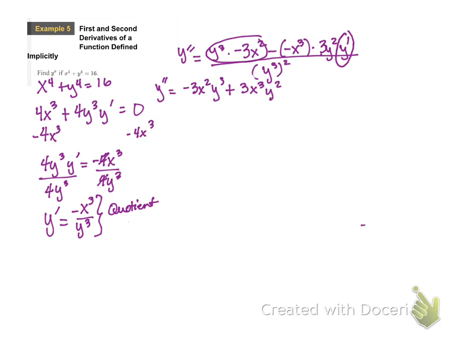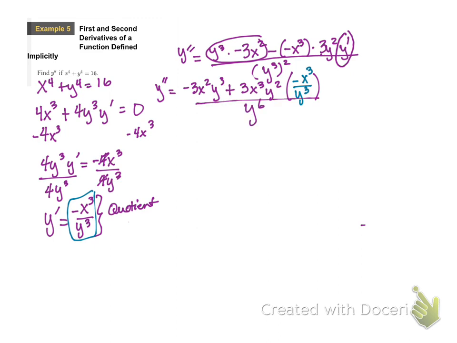Are y'all with me? And then instead of y prime, what do we know y prime to be? This guy right here. So we're going to have negative x cubed over y cubed, and then all over y to the sixth.